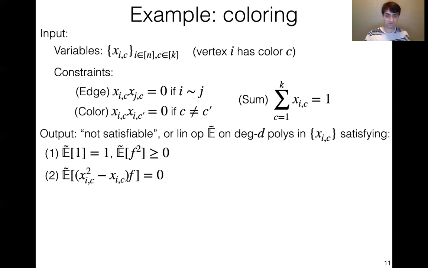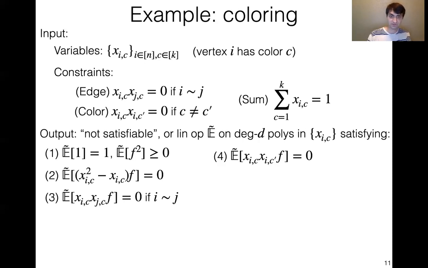The first two are the ones from the previous slide, and then I'm just going to interpret the more generic definition of the previous slide in terms of the actual constraints we're given here. So the edge constraints correspond to bullet 3 here, the color constraints are bullet 4, and the sum constraint is bullet 5.